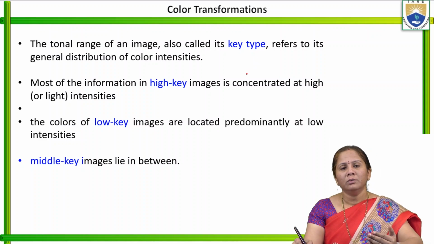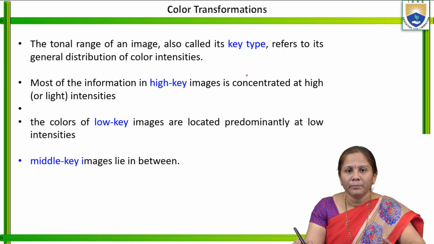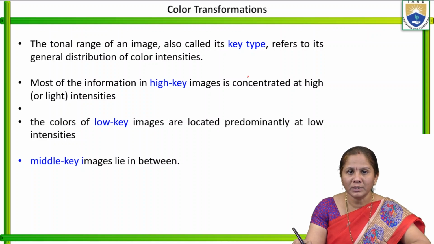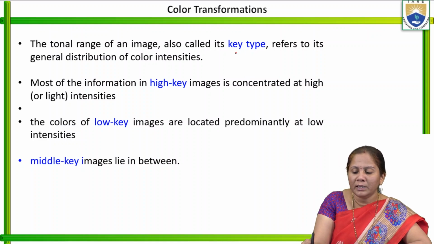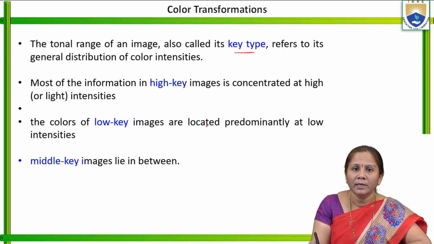Now, to how much amount of total color we have to improve to enhance that image, to make that color brighten, it depends on 3 conditions. First one is, it is completely dependent on the key type.